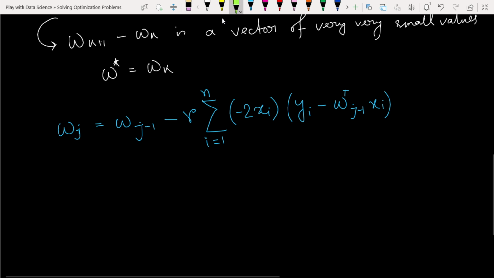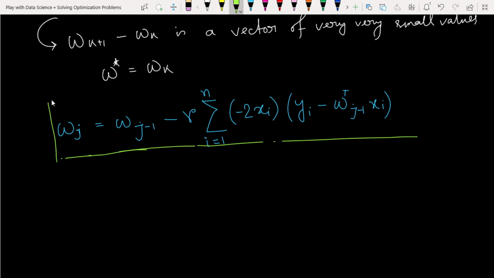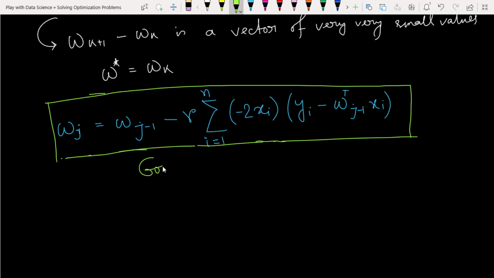This is actually our gradient descent equation.